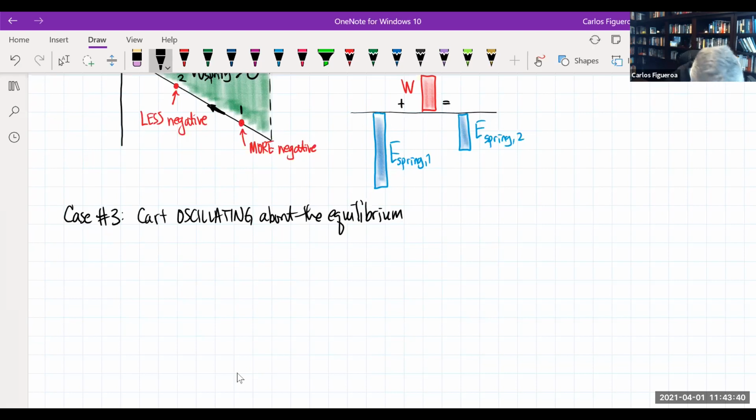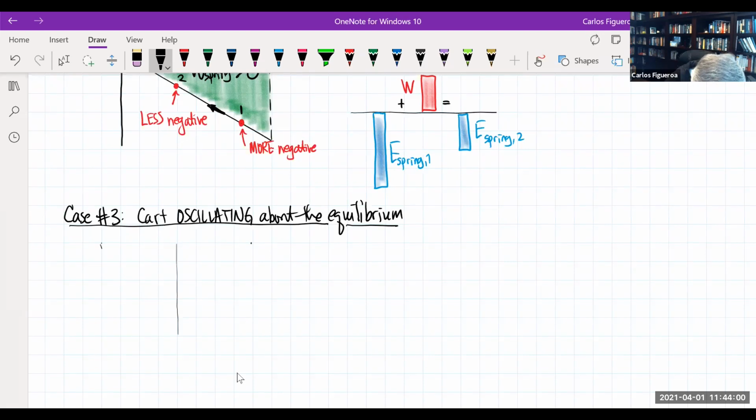Now, I think the best thing we should do here is redraw our thing. So if I redraw our potential well, what does it look like? Let's see if I can do this. Let's say 1, 2, 3, 4.